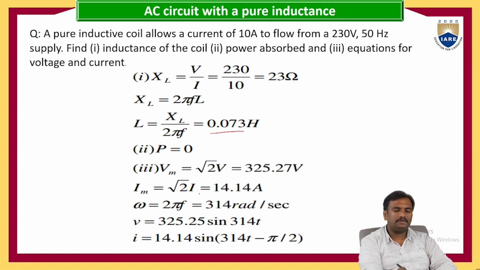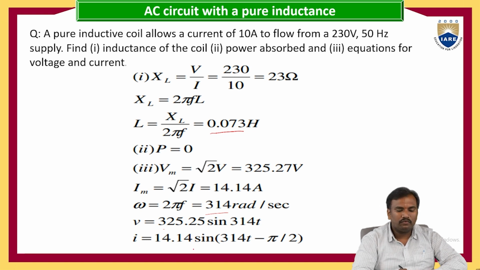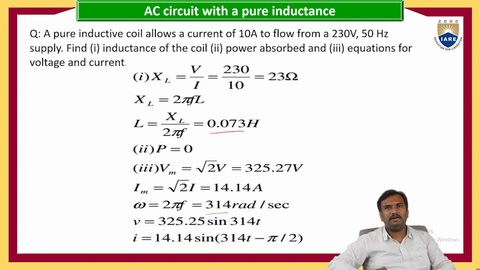Root 2 times that, we are going to get I as 14.14, and omega is given as 2 pi F, that is 314 radians per second. So V is equals to 325.25 sine 314t, and I is equals to 14.14 sine 314t minus pi by 2. This is the way we have to calculate the parameters corresponding to pure inductance.